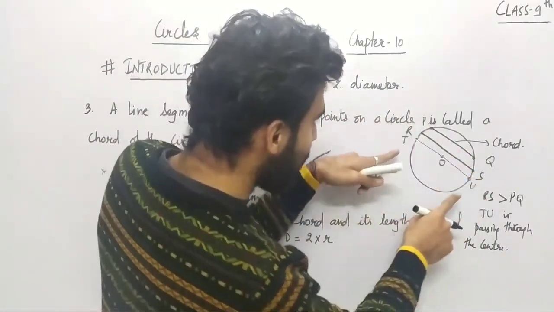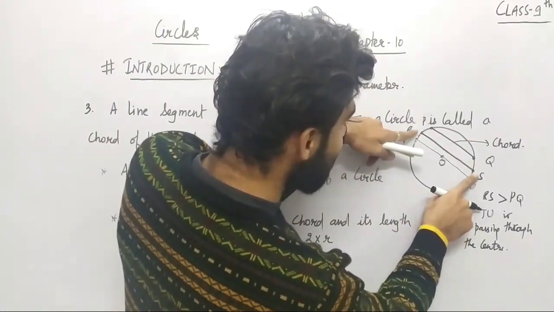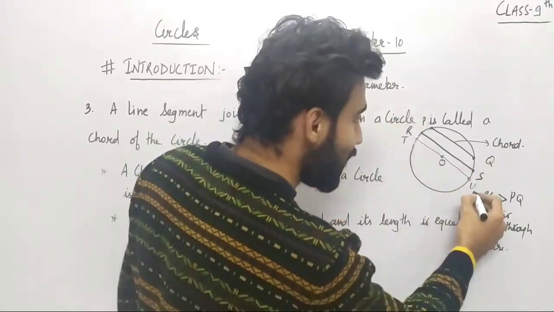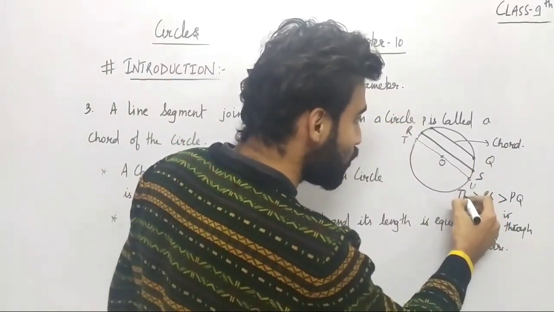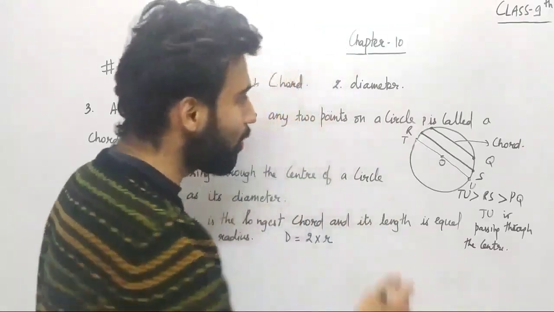Now again, if you talk about this TU, it is greater than RS as well as PQ. That means this TU is bigger than the other two chords, right? Now let me move further.